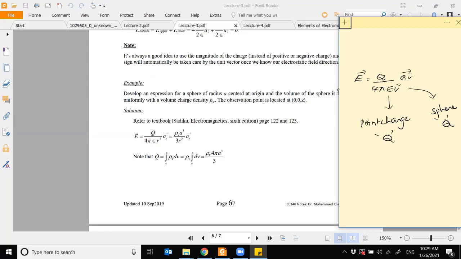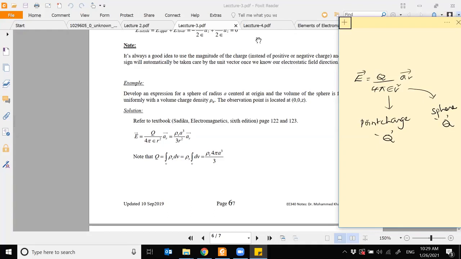And this comes from what is called Gauss's law. So Gauss's law actually tells us that this will happen. And that's why you see that both the expressions that you get for a point charge and a sphere are the same, because it depends on the total charge, which is Q.